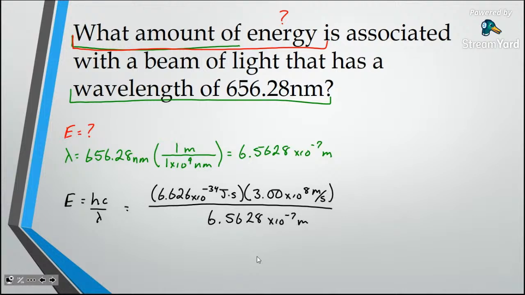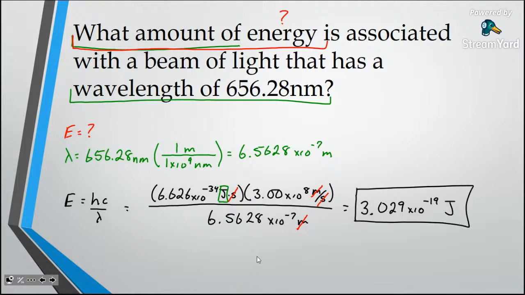Looking ahead to units, notice meters in the numerator cancel meters in the denominator. Seconds in the numerator cancel seconds in the denominator. And I'm going to be left with just the units of joules, like I would expect. So now, when you substitute all this into your calculator and you solve it out, you should get an answer of 3.029 times 10 to the negative 19th, and as I've already pointed out, units of joules.